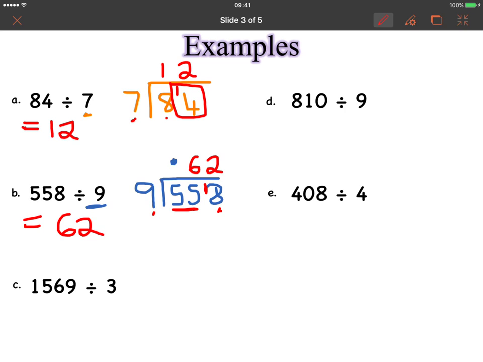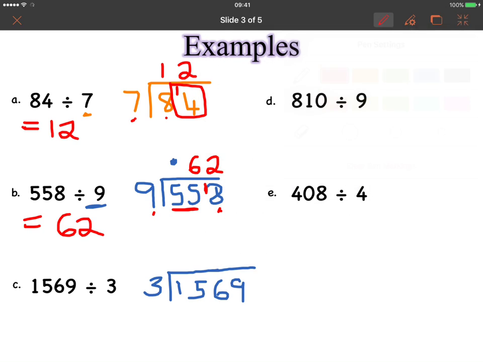This one is a big one. It's asking me to do 1569 and to divide it by 3. So here goes. Because I want to know how many 3s go into 1569, I put my 3 on the outside.